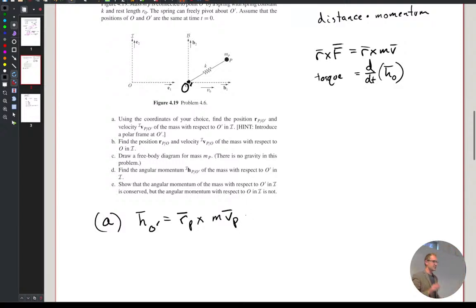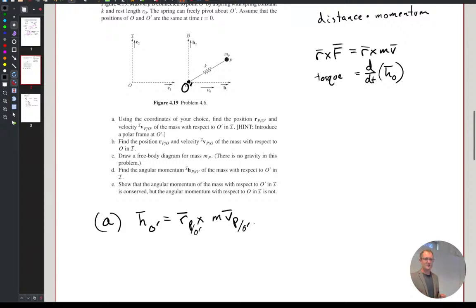So we need the position of P crossed with, and M is a scalar, so really it's R cross V, all times M, and all P slash O prime, with respect to that moving reference frame.